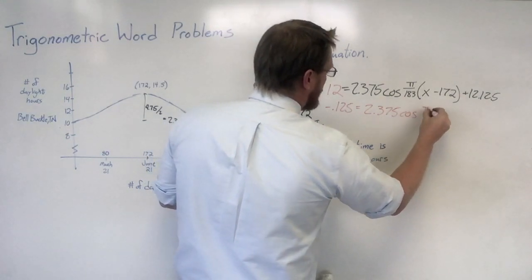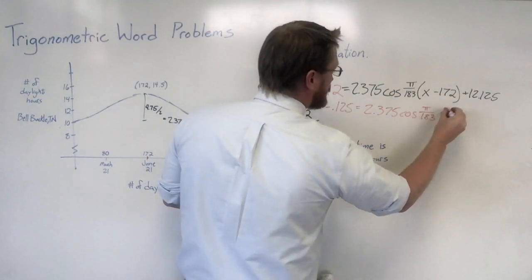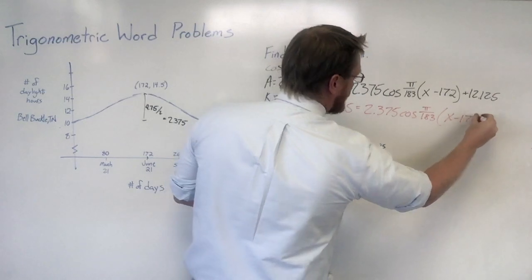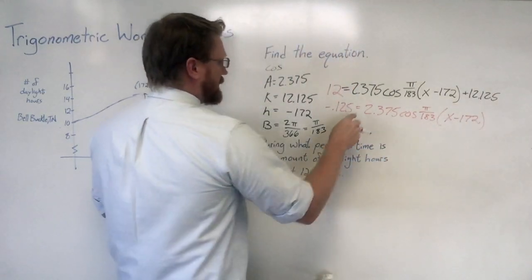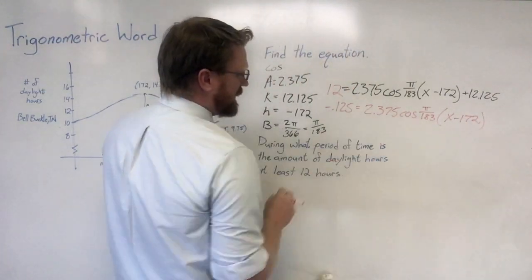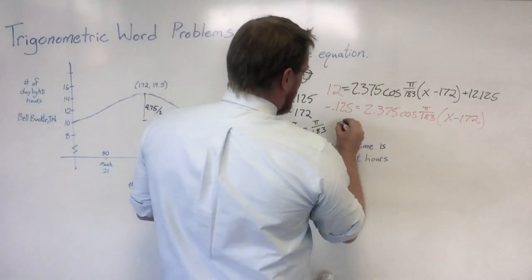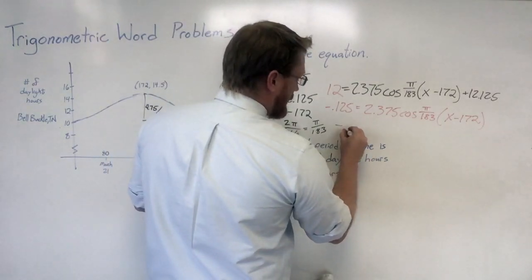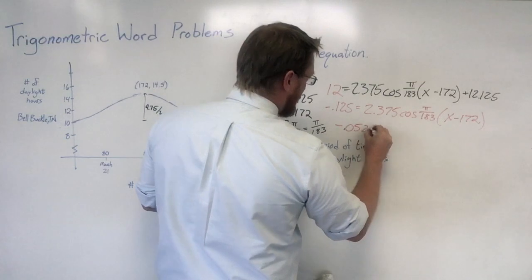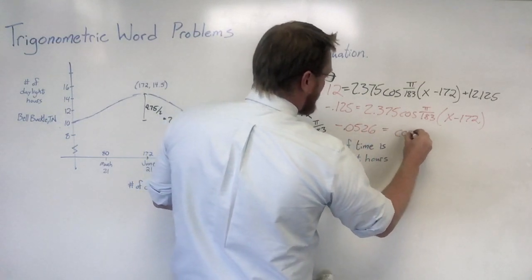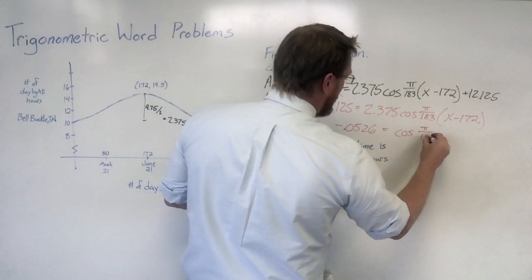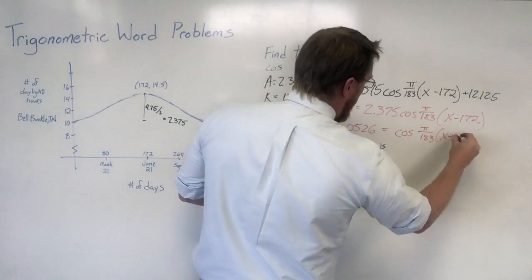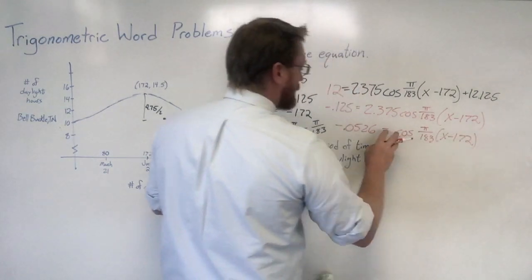And the next weakest operation to go is going to be that multiplier out front of cosine. So I'm going to divide this simply by 2.375, and that's going to go down to negative 0.0526. I've now got myself down to the cosine function, and I need to think about how I'm going to get rid of that cosine.